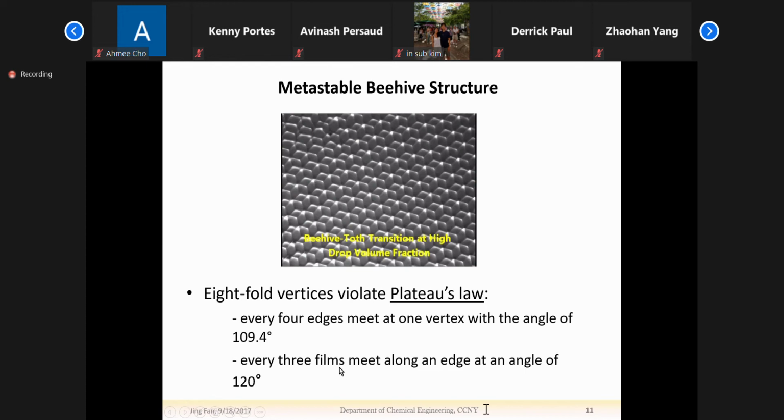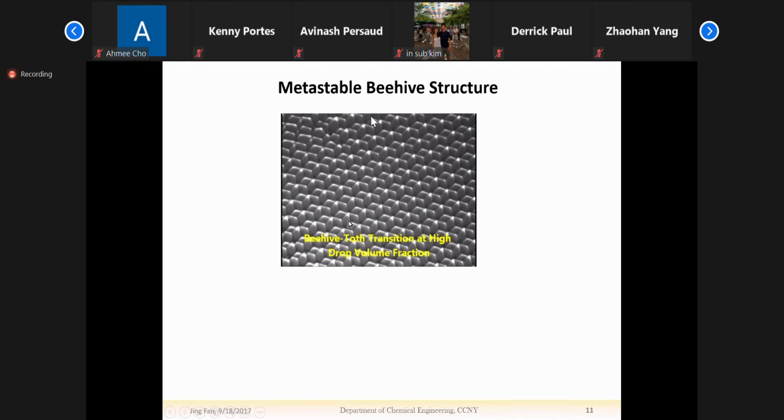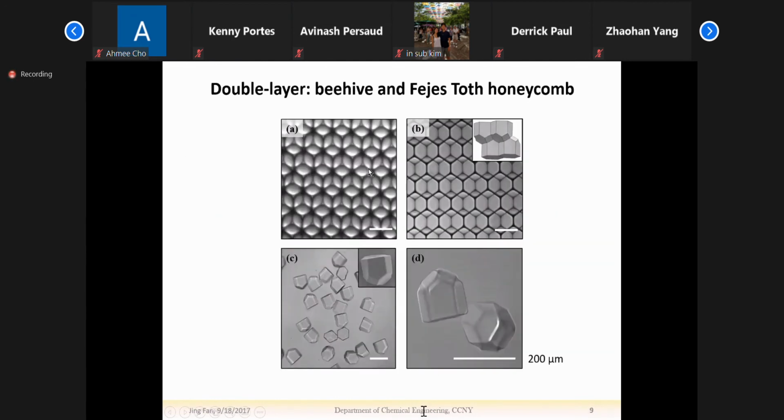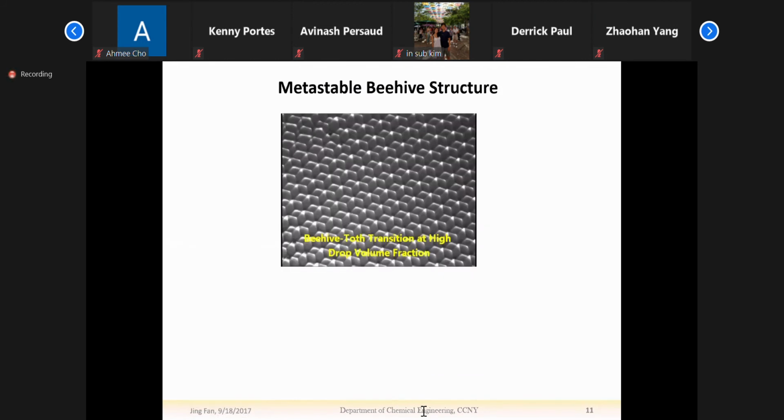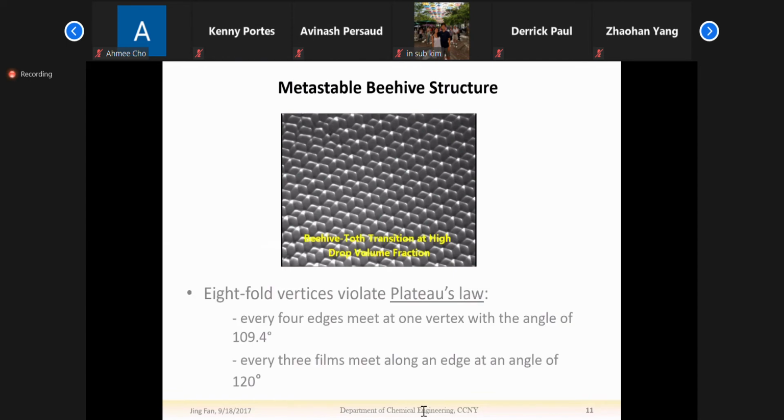And feature 2, every 3 films meet along an edge at an angle of 120 degrees. So if we take a close look at this beehive structure at very high concentration of droplets, we have some vertex at which 8 edges meet at that point, which is not stable. That is why we see that structural transition. This is just the mechanism that we figured out for this structure transition.